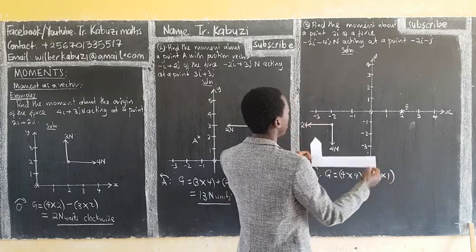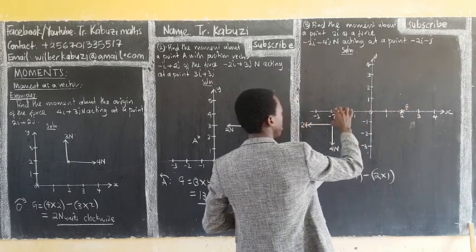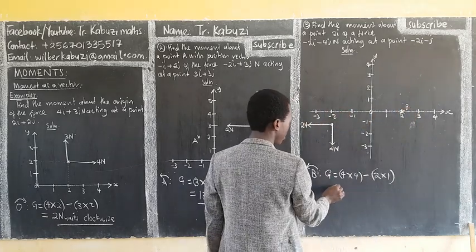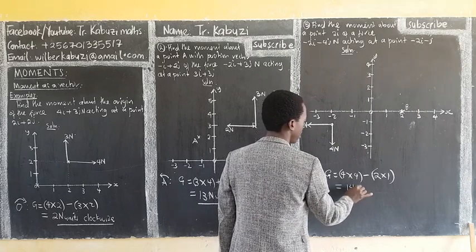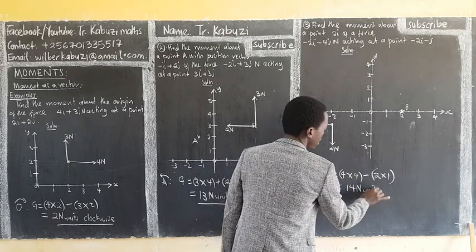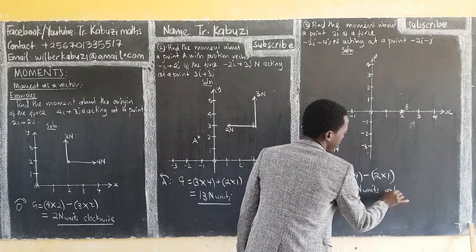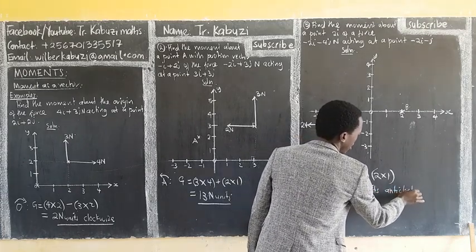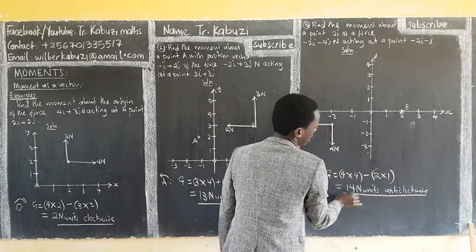This one, from this point here, is 1 unit. This will give us 16 minus 2, which will give us 14 Newton units, clockwise. As simple as that.